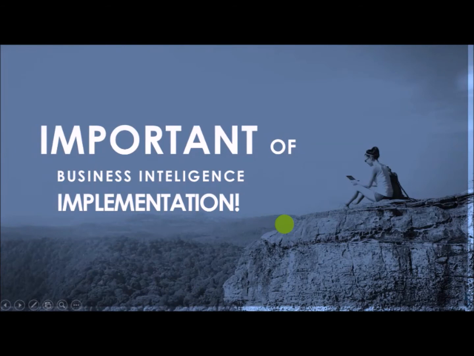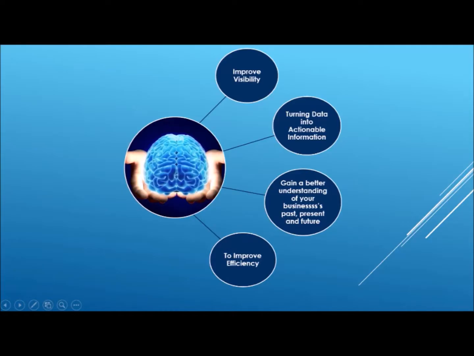So let's look at the importance of business intelligence implementation. They have four important elements, which are improve visibility, turning data into actionable information, gain a better understanding of your business past, present, and future, and the last one is to improve efficiency.